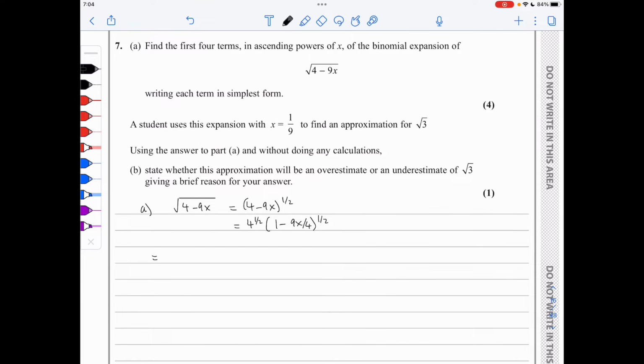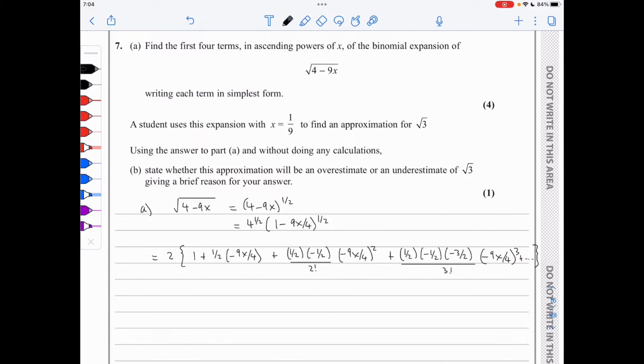So this is going to be 2, this is 4 to the half, and then we've got 1 plus a half times minus 9x over 4 plus a half times minus a half over 2 factorial times minus 9x over 4 squared plus a half times minus a half times minus 3 over 2 over 3 factorial times minus 9x over 4 to the power of 3 plus dot dot dot.